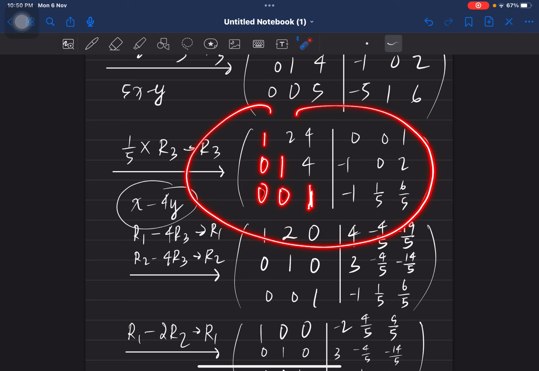This third row is already confirmed, won't change anymore. So the moment you successfully create a 1 here, start checking already. So we check: negative 1 correct, 1/5 correct, 6/5 also correct.